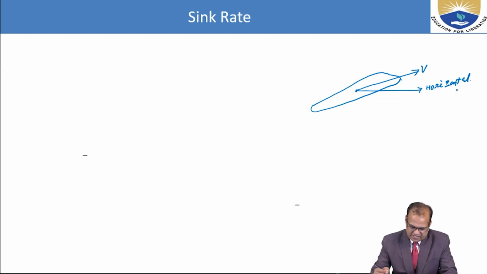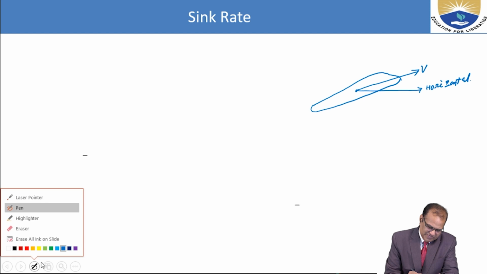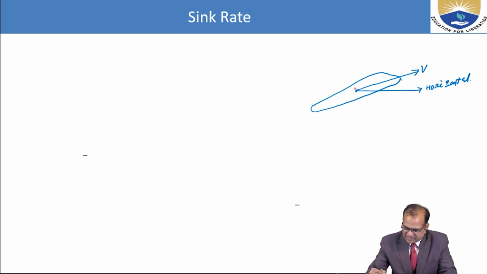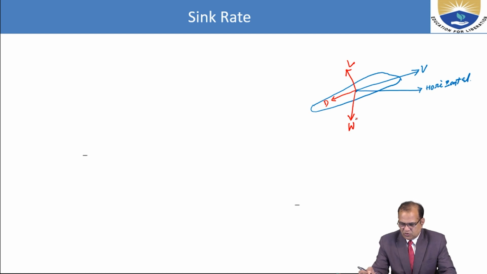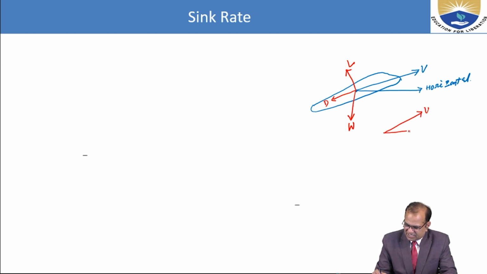In this case, I will draw with another color, that is the lift is perpendicular to the V, drag is in the same line as V but opposite, and weight is always towards the earth. In this case, if I resolve this V, there will be a horizontal and a vertical velocity.